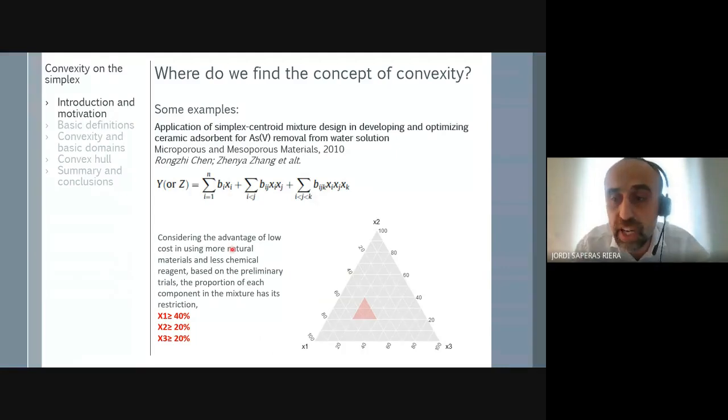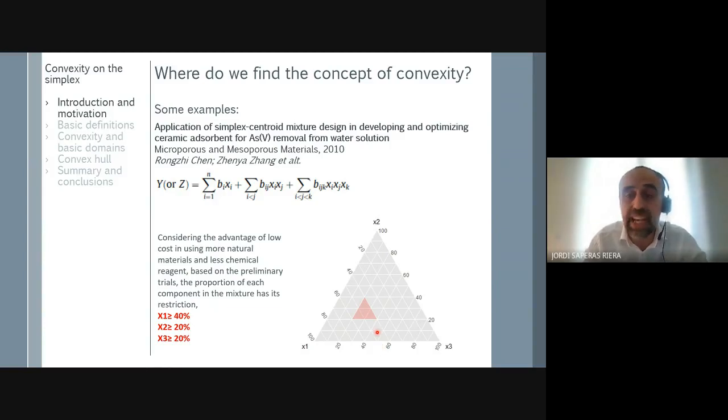In this example, we have a feasible region defined by the lower bounding of the variables, x1 greater than 40%, x2 greater than 20%, and x3 greater than 20%. This feasible region, as an outside observer to the simplex, if I use the standard Euclidean geometry, we may think that this feasible region is a triangle.